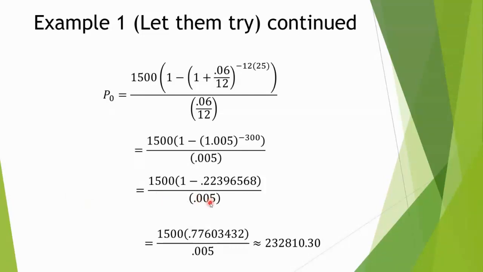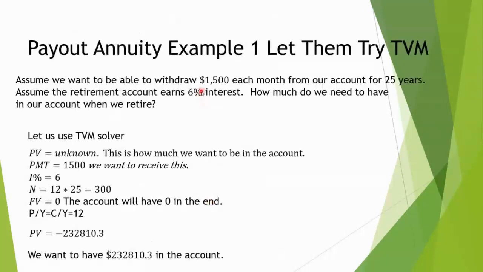Let's use the TVM solver. So this is the same problem. The only difference now, though, is we're going to use that TVM solver. I know it's annoying because it doesn't use the same parameters, not entirely the same ones as the formula.